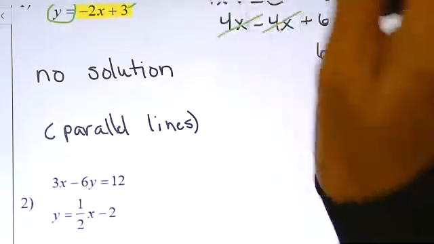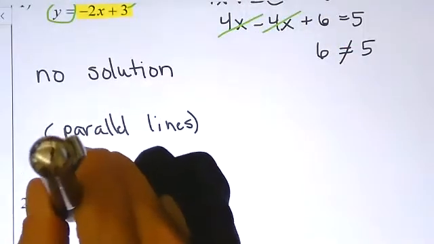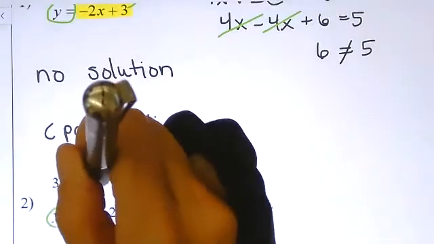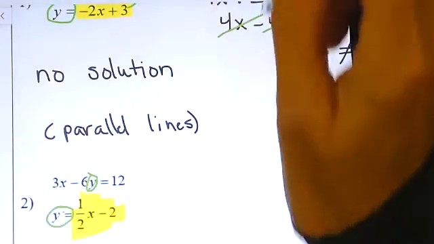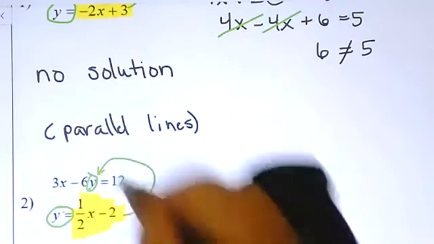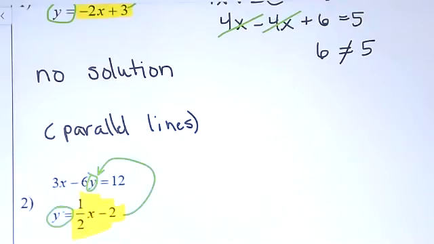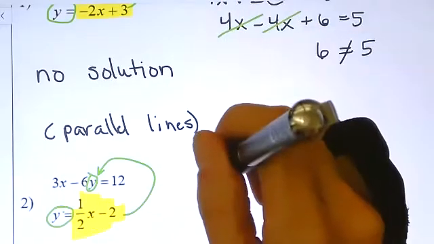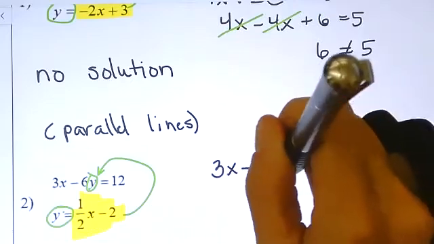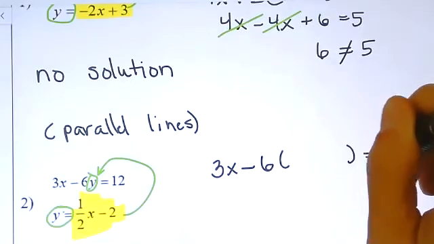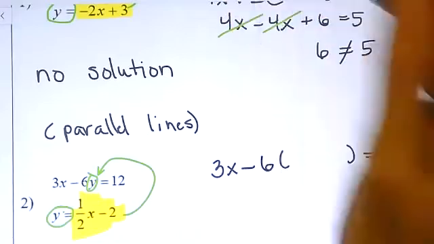Okay, so second and last example here. There's y equals, there's a y. So I can take this and put it where that y is. So equation number 1 now becomes 3x minus 6y equals 12.